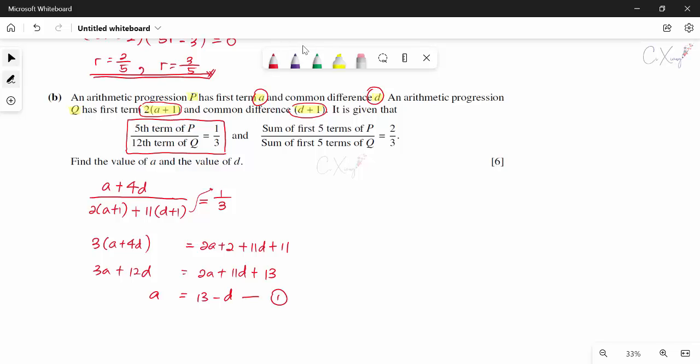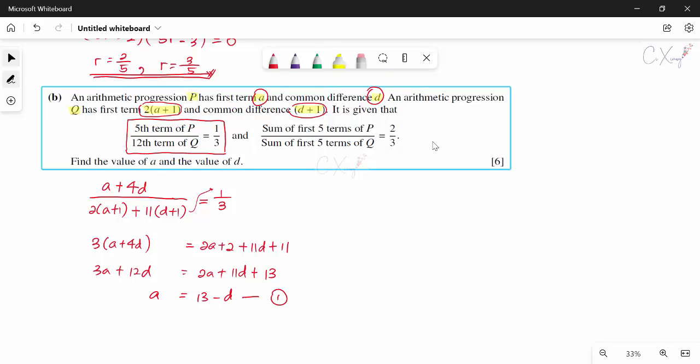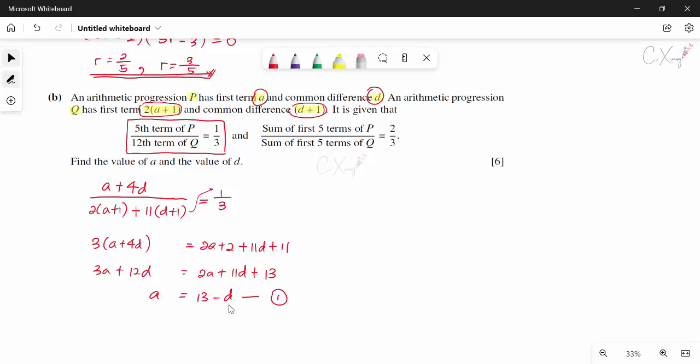What you need to do is make sure that you don't mix up the P and the Q because they are two different arithmetic progressions. The value for the first term and the difference is different for both. Then after I get the first equation, now we proceed to the second information.